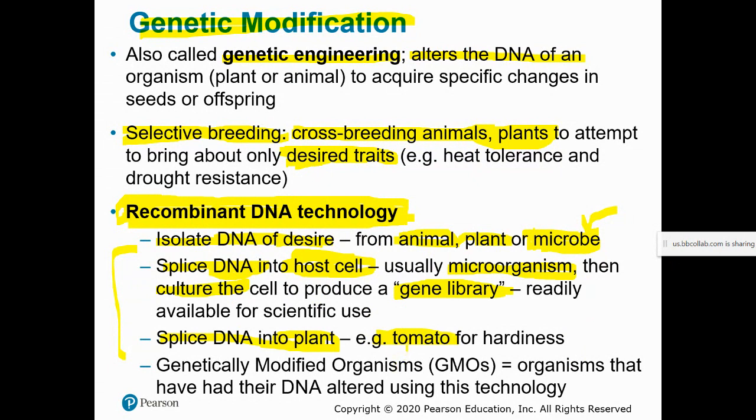And so this is where we get this term, genetically modified organisms. So if you have a genetically modified tomato, it may have gone through this type of process where a segment of DNA from some sort of bacteria that allowed for pesticide resistance was spliced out, replicated, and then put into this tomato seed, and then the tomato grew.